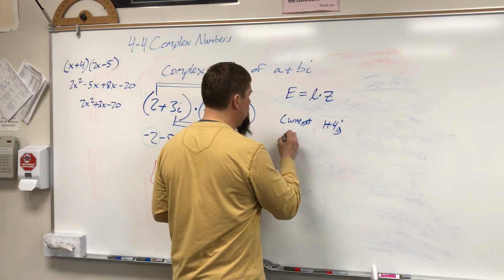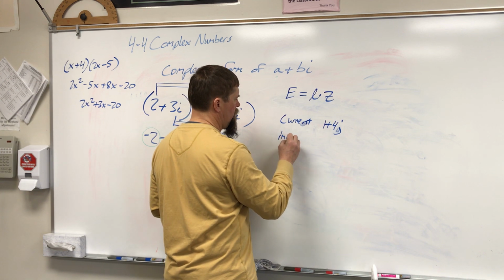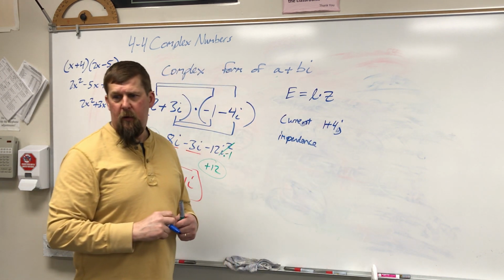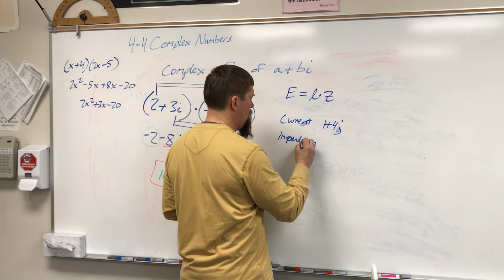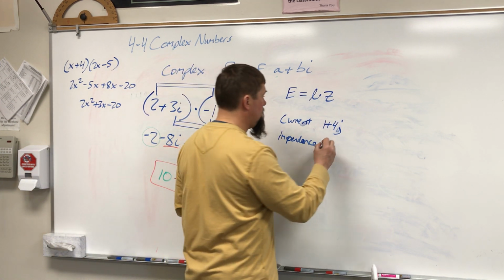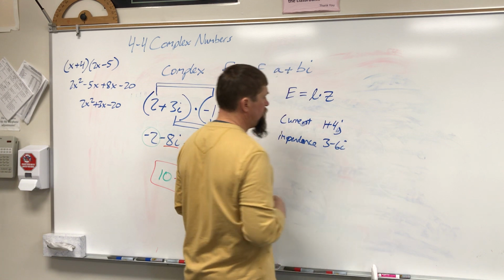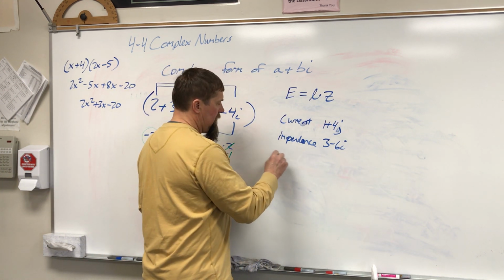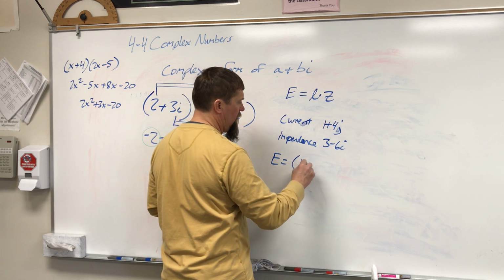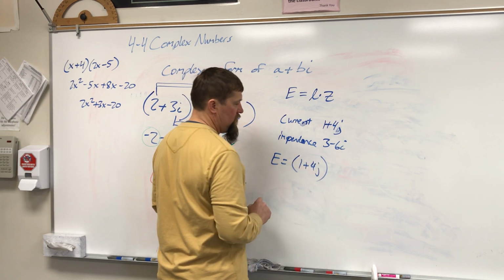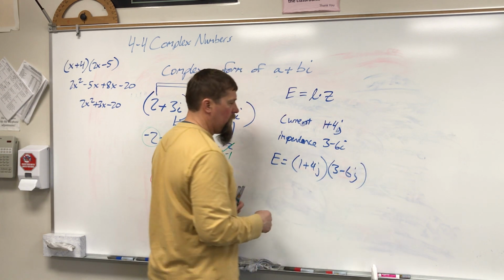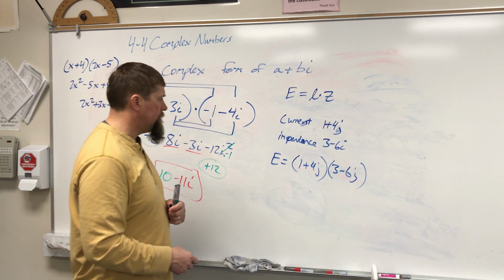And then the impedance is 3 minus 6i. If I am going to find E, it's 1 plus 4j times 3 minus 6j, and we're going to FOIL it, just like we did here.